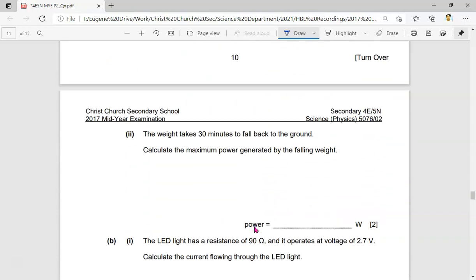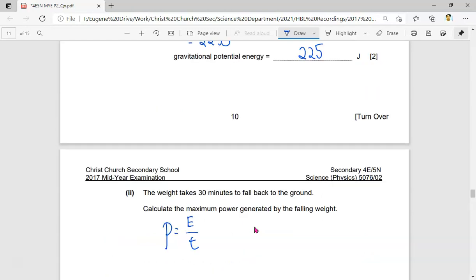Next one, it says the weight takes 30 minutes to fall back to the ground. Calculate the maximum power generated. So power is equal to energy divided by time. We have calculated the gravitational potential energy. The time here is 30 minutes. So take note, when you use E over T, the time must be in seconds. So 30 minutes needs to be converted to seconds.